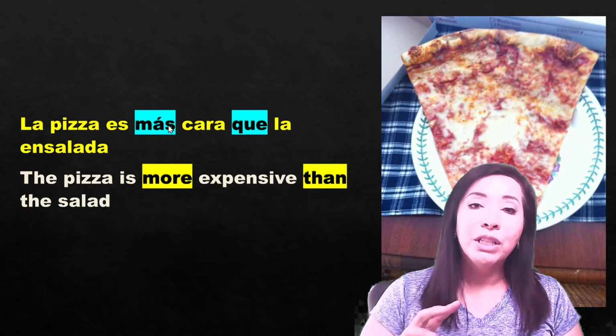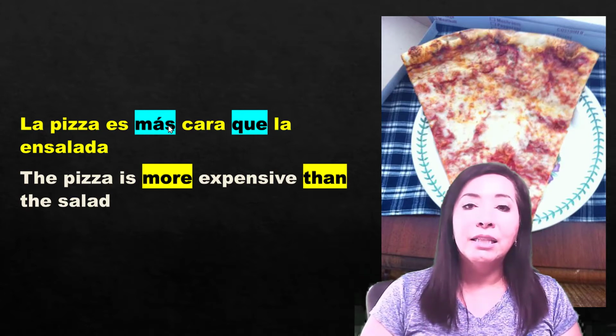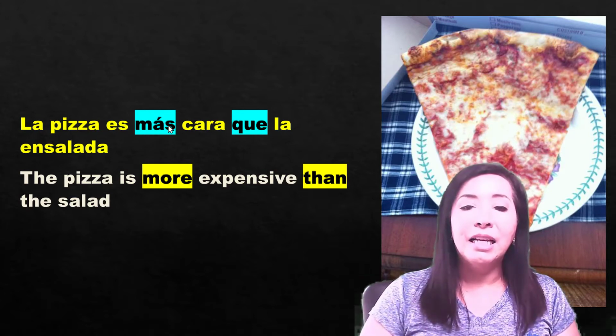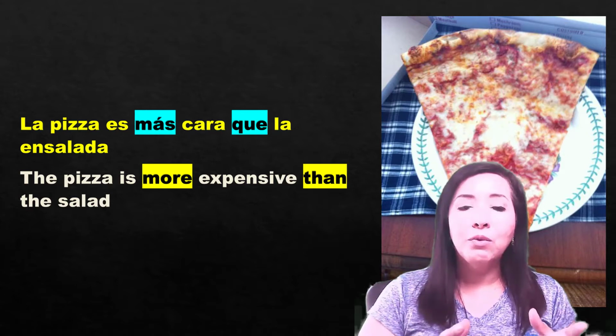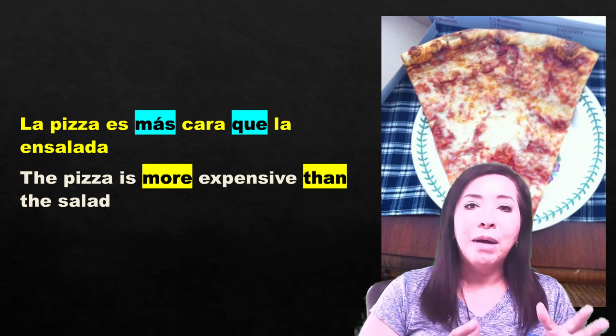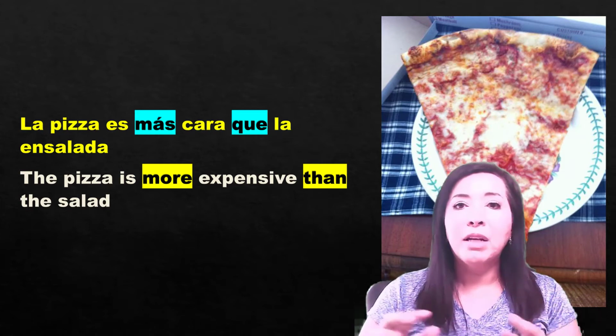But what if I switch it and I say that the salad is less expensive than the pizza? In that case, you would have to switch más to menos que. Okay, so to summarize, the words that you need to remember are más que or menos que.